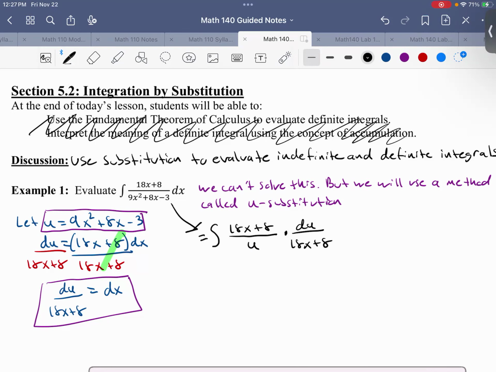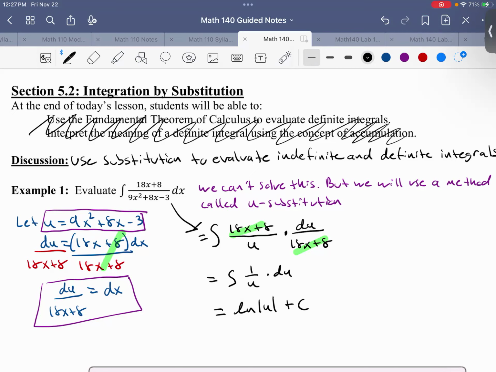So now, if you notice, I can cancel out these 18x plus 8 expressions. So what I'm left with is the integral of 1 over u times du, and the antiderivative of 1 over u, if you can recall previously, is going to be natural log of u plus c.